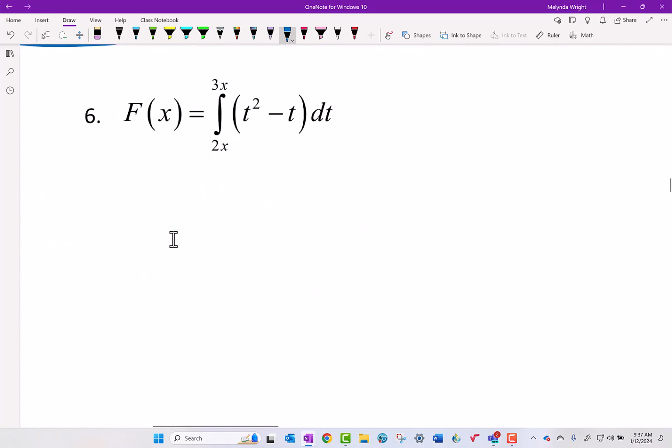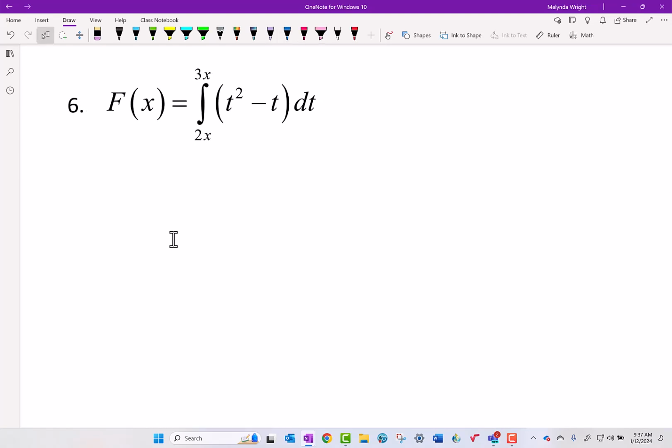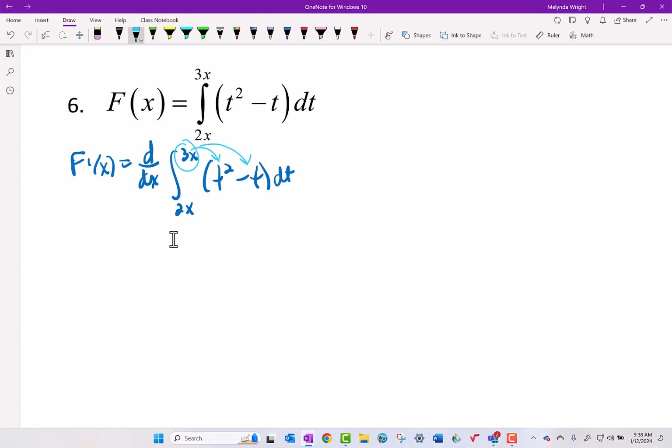Okay, a little bit crazier, but that's all right. We still have two bounds. So let's rewrite it. We're going to do the derivative of both sides. F prime of x equals d dx of the integral from 2x to 3x of t squared minus t dt. So we have a two-parter. We take the upper bound and slide it in everywhere there's a t.